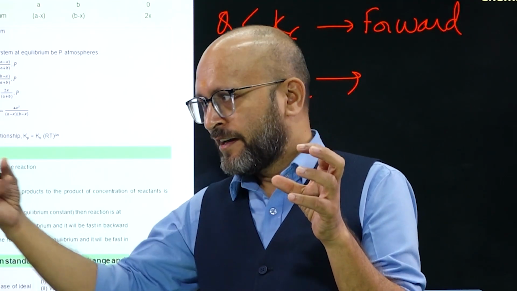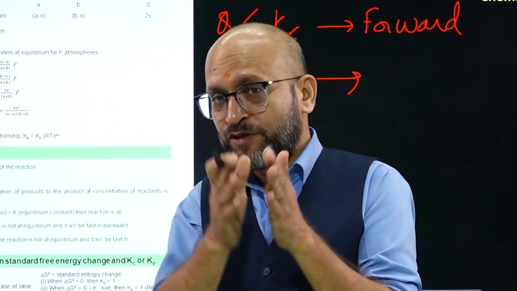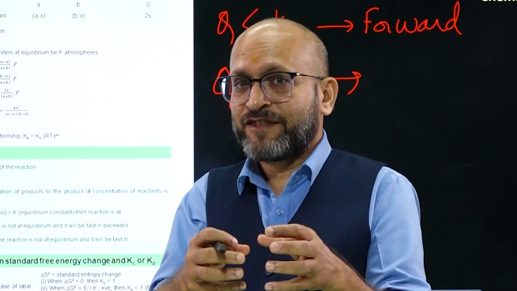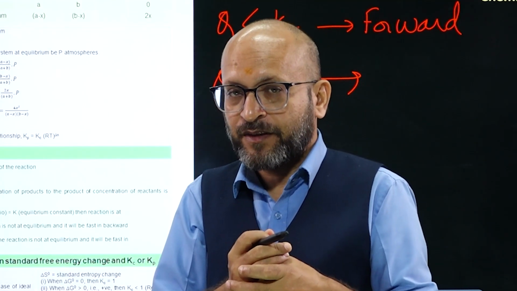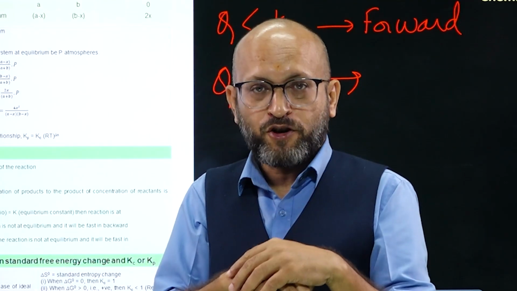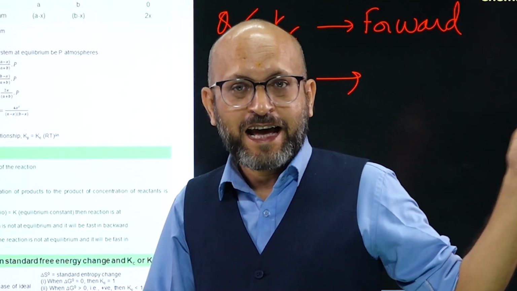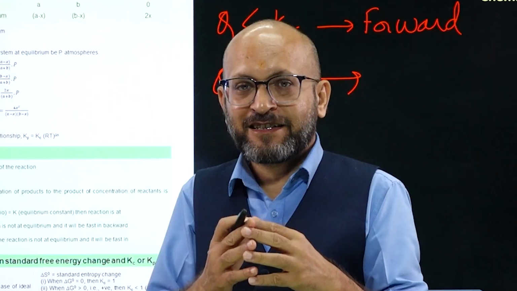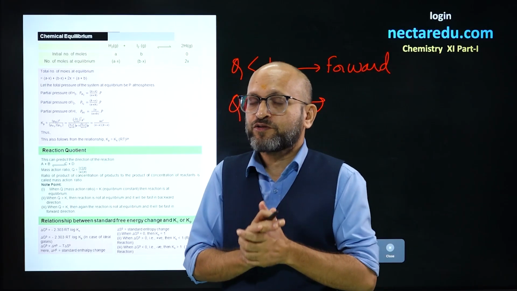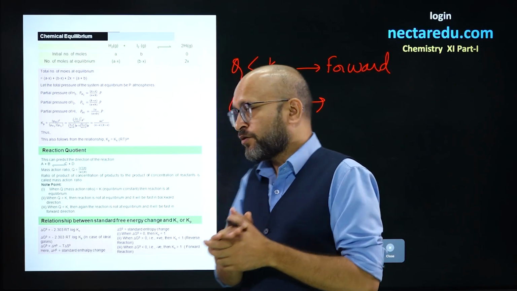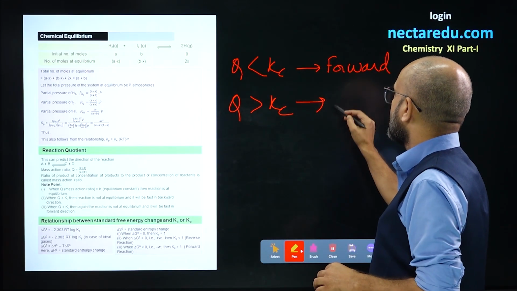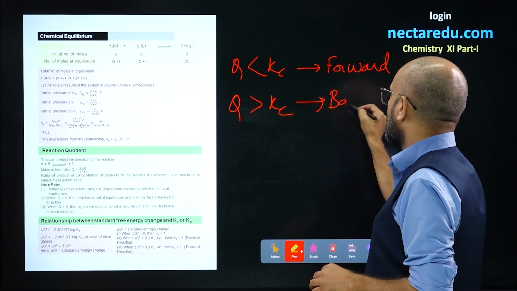So initially, if reaction is beginning, it wants to reach equilibrium, reaction is moving forward. If for some reason you have added some reactants or products, so reaction has moved ahead, so it will come back to the equilibrium. Whatever is needed it will do, and it wants to stay at equilibrium. So if at a point reaction quotient is greater than Kc, then reaction is moving backward.